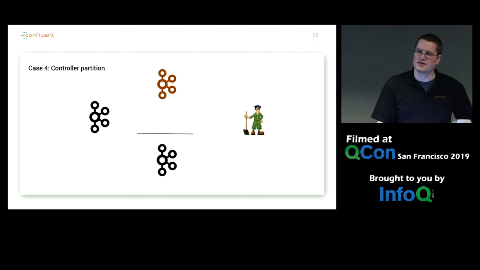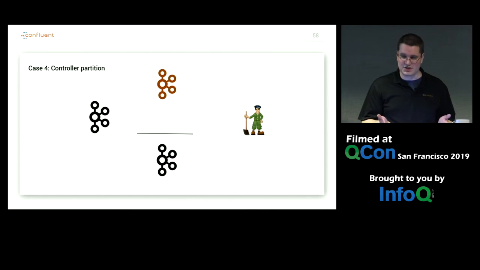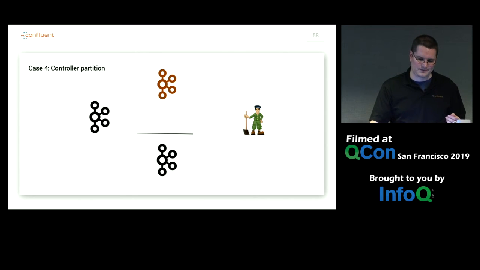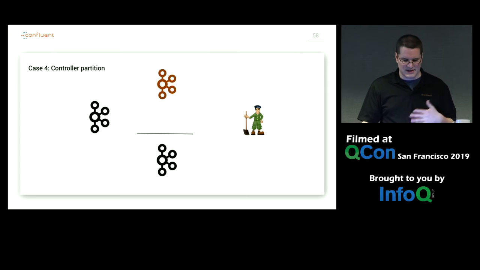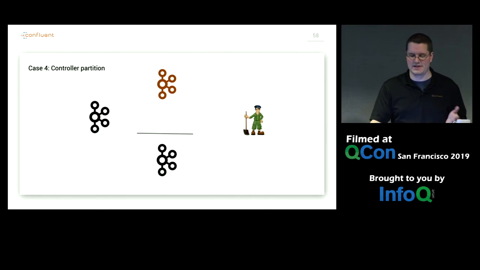But then there's a fourth case, which we don't handle that well, and which KIP 500 will actually improve a lot, as we'll see. And that's the case of the controller partition. If you remember from earlier, the controller is telling us about the changes that are happening to cluster topology. So if we can't talk to the controller, or if the controller can't talk to us, we miss out on that.